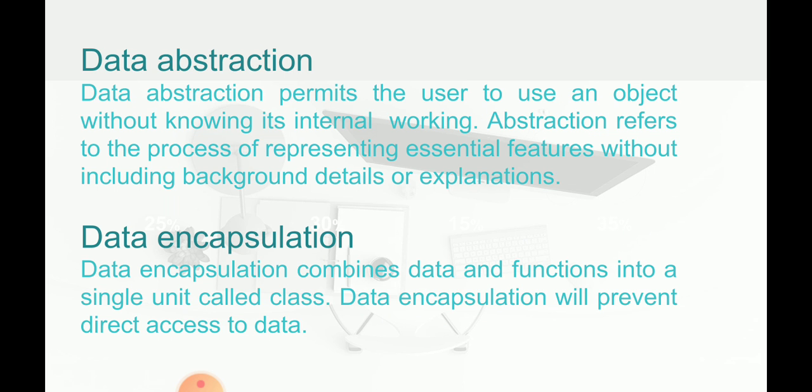Next is data encapsulation. The wrapping of data and functions into a single unit is called data encapsulation. So data encapsulation enables data hiding and information hiding. Even data encapsulation is also used for security purposes here. Here the data can be hidden and information can be hidden.